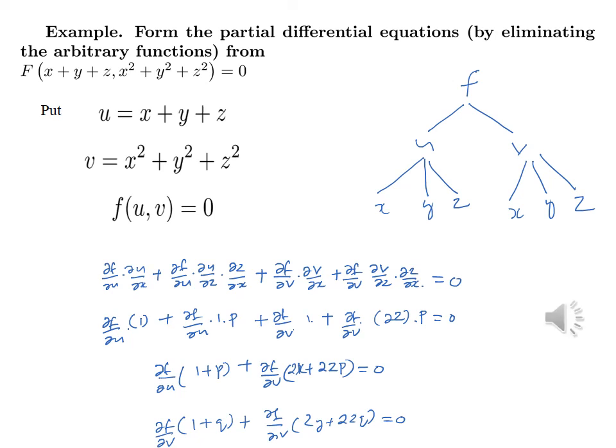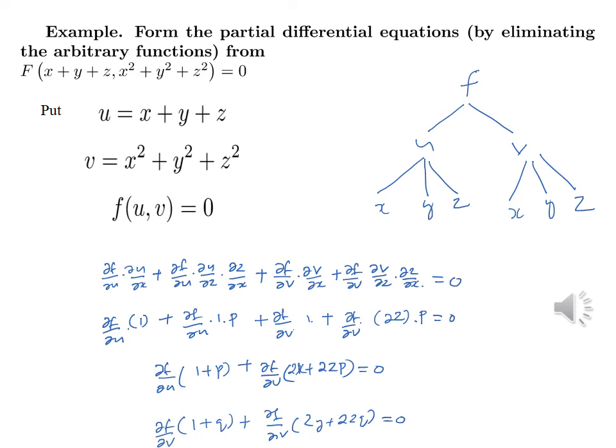Now you find the partial derivative with respect to x. So ∂f/∂u into ∂u/∂x plus ∂f/∂u into ∂u/∂z into ∂z/∂x, plus ∂f/∂v into ∂v/∂x plus ∂f/∂v into ∂v/∂z into ∂z/∂x is equal to 0.